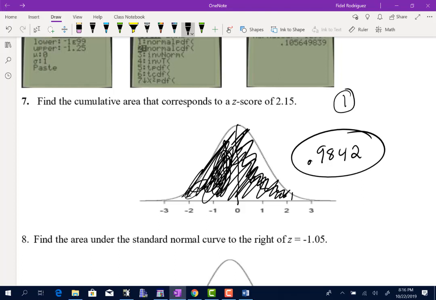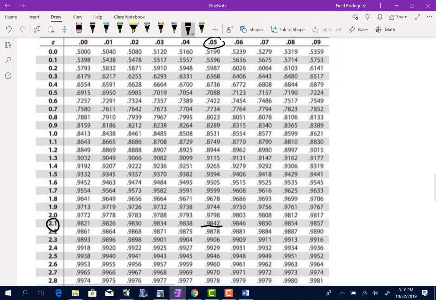Okay, so let's come back and see why I'm coming up with that number. Look at the z-score I'm trying to find: 2.15, right? Do you see how this is 2.1, and then that 0.5 is telling me it's going to be 2.15? Suppose I wanted to find 2.1.